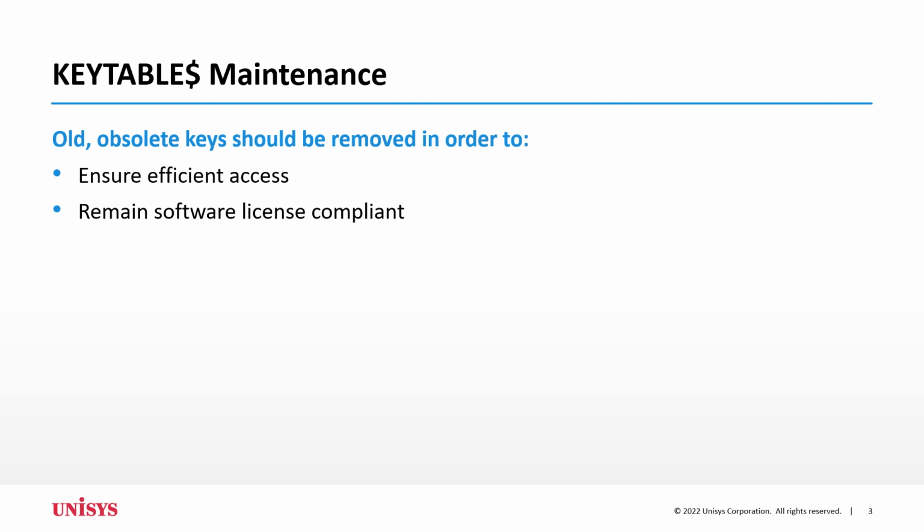Unisys recommends that you remove old, obsolete keys from the system key table to ensure efficient access for Solar and other products that perform authorization checks, and remain software license compliant following a live load by removing any keys not authorized for the library load system's workload.